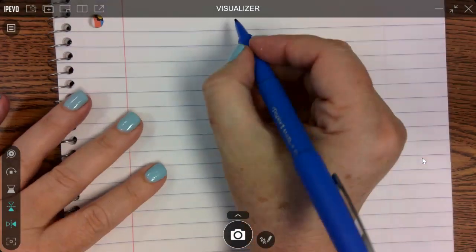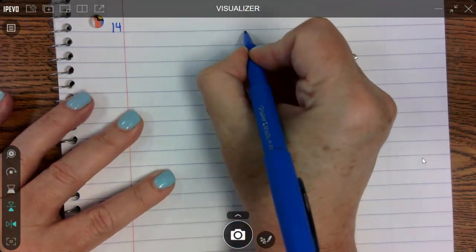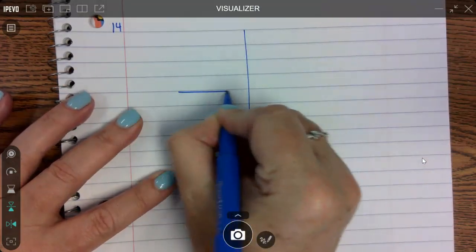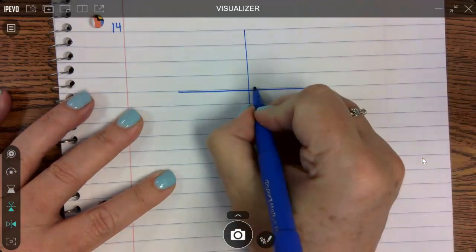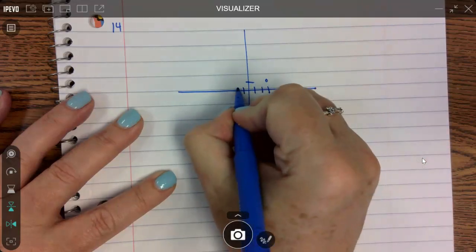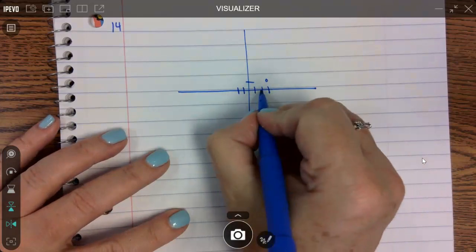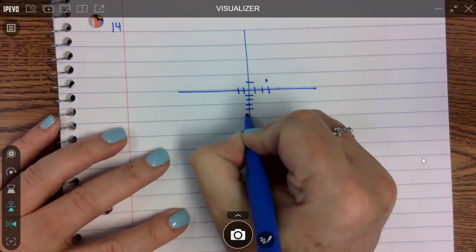Okay, so here we go. Number 14. 1, 2, 3. 1, 2, oops, wrong way. 3, okay. 1, 2, 3, 4, 5, 6, 7.